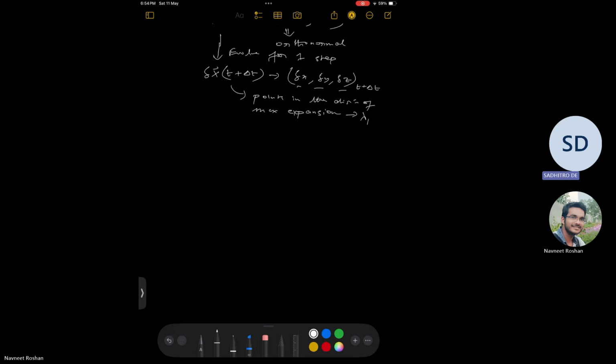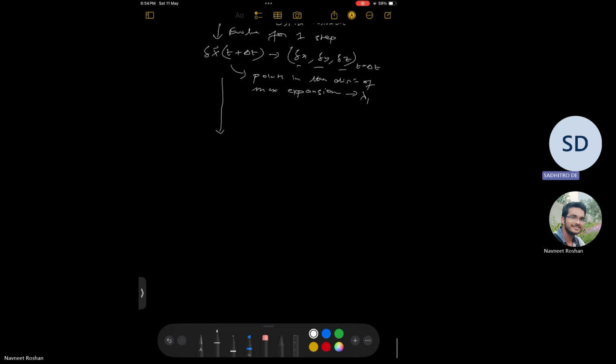So after evolving for one step, we do the orthonormalization, which is also known as Gram-Schmidt orthonormalization. So how does this Gram-Schmidt procedure work?